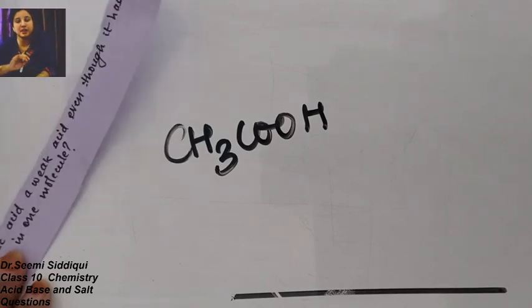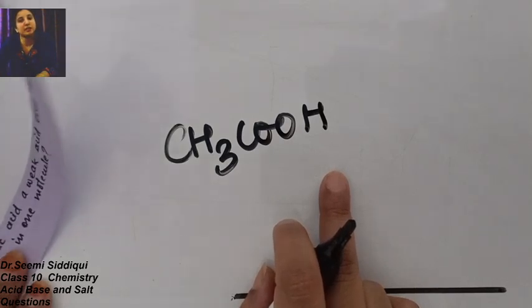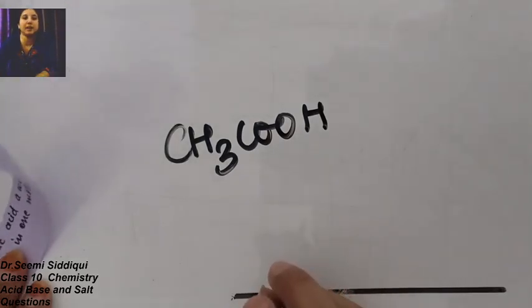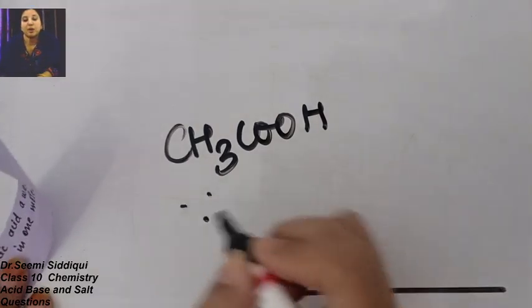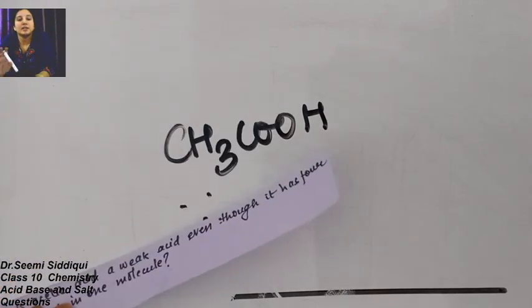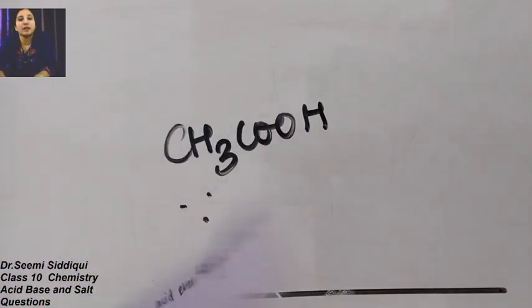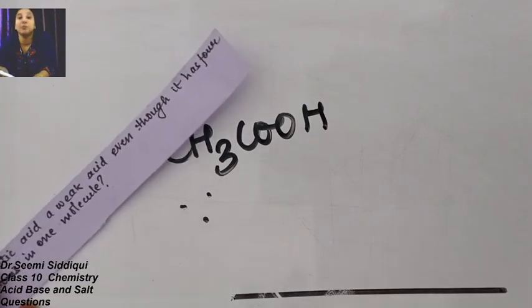The question says it has 4 hydrogens, but still we say that it is a weak acid. What is the reason? When we talk about a weak acid or a strong acid, a strong acid is the acid which gets ionized completely.